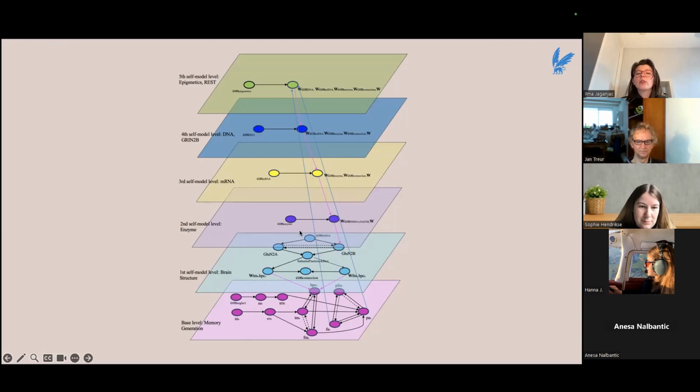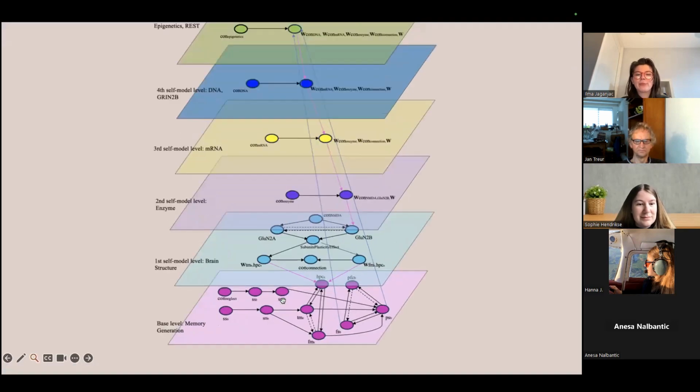In order for these enzymes to make GLUN2B, we need information, which is stored in GRIN2B. That comes from the fourth level, and the third level has the messenger RNA that transports this information from GRIN2B to the enzyme level in order to make GLUN2B. And lastly, I have the epigenetic level for REST, the transcription factor that controls GRIN2B.